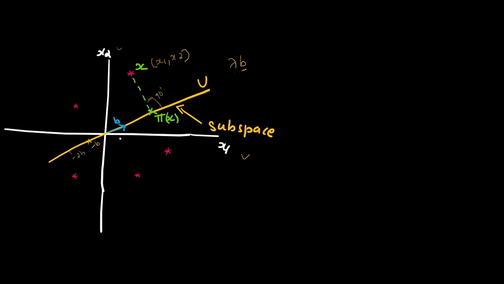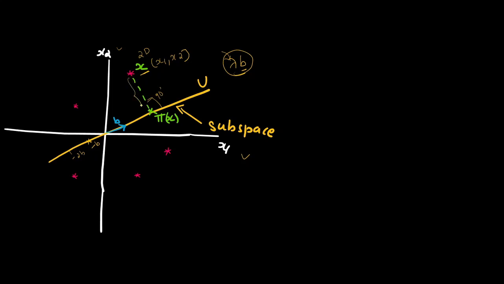So any vector on this line can be represented as a multiple of b. We just need this lambda value to represent any vector on this line. So if you want to represent the projection of x here, we need only a lambda value. So we are reducing it from 2D to 1D, two-dimensional to one-dimensional.